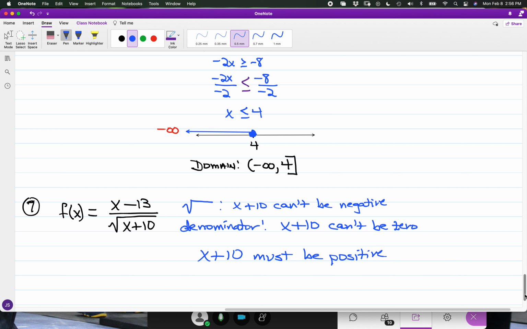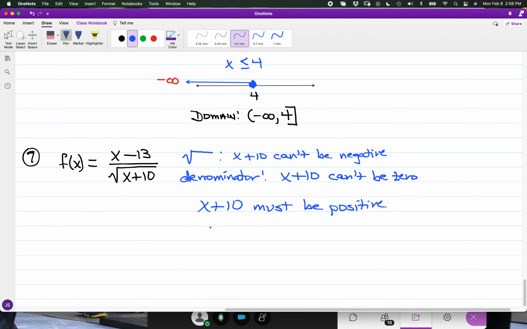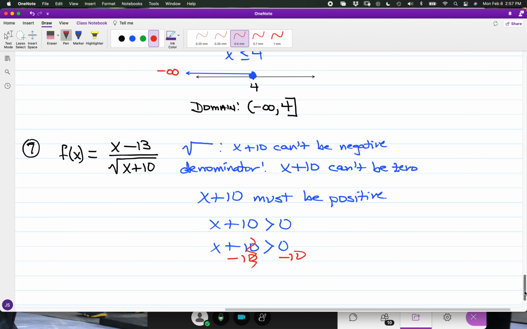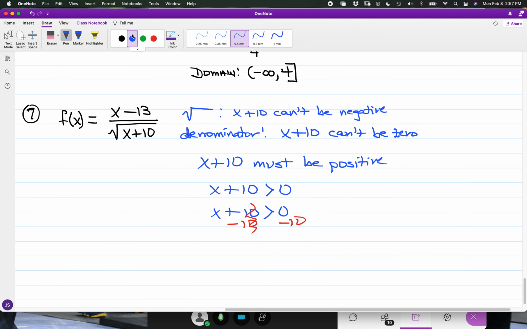And the inequality referencing x plus 10: if the sum has to be positive, x plus 10 must be greater than 0. Looking at isolating x, if we take 10 away from both sides, we're going to have that x is greater than negative 10.